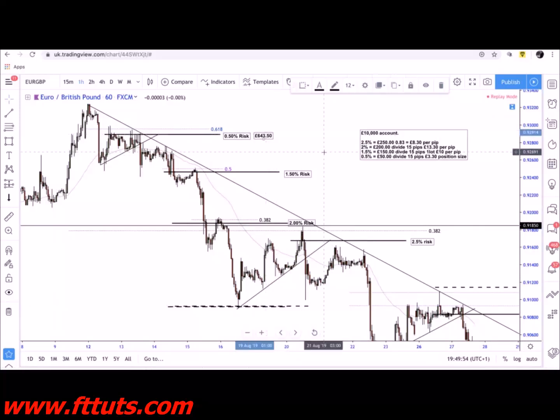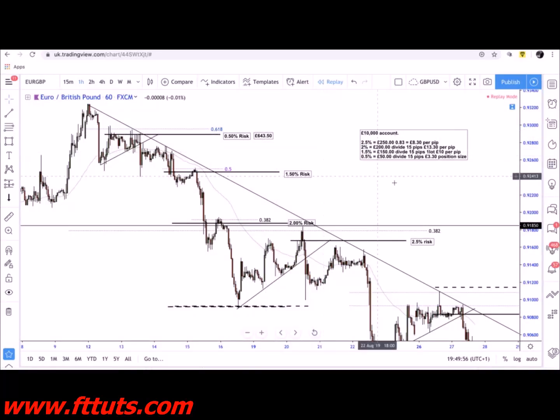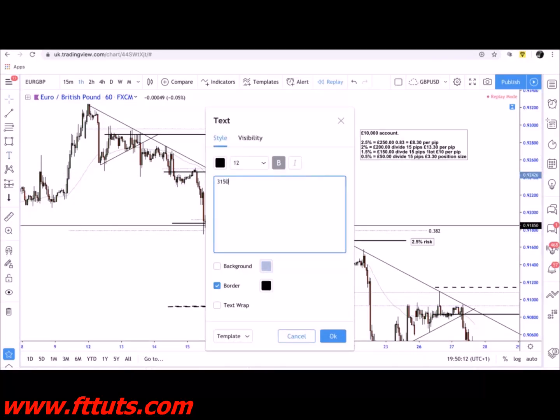And then on the next position, we were doing £10 per pip. We can go down to here and we would have made 150 pips. 150 times 10 would be 1500, so we would make £1,500.